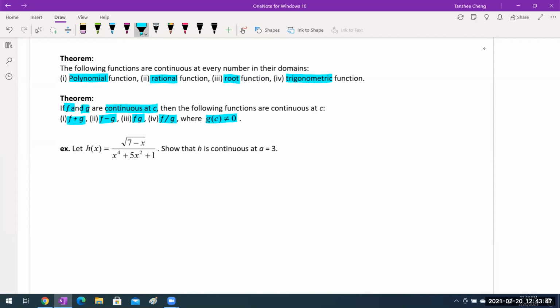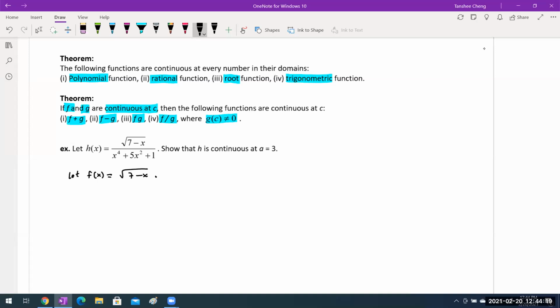So in the next example, I'm going to show you how to use these theorems to show continuity very quickly. Let f of x be equal to the square root of 7 minus x.